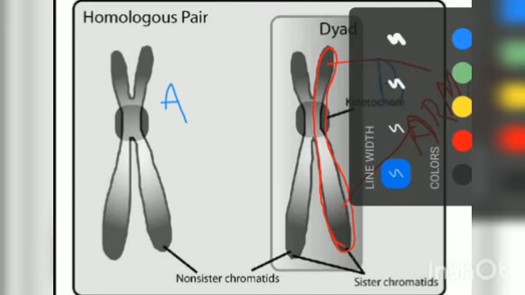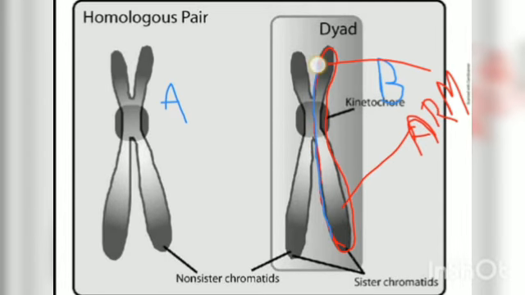It is called a chromatid, and it is also another chromatid. They both are joined with each other at the kinetochore. Okay, and this constricted part is called the centromere.